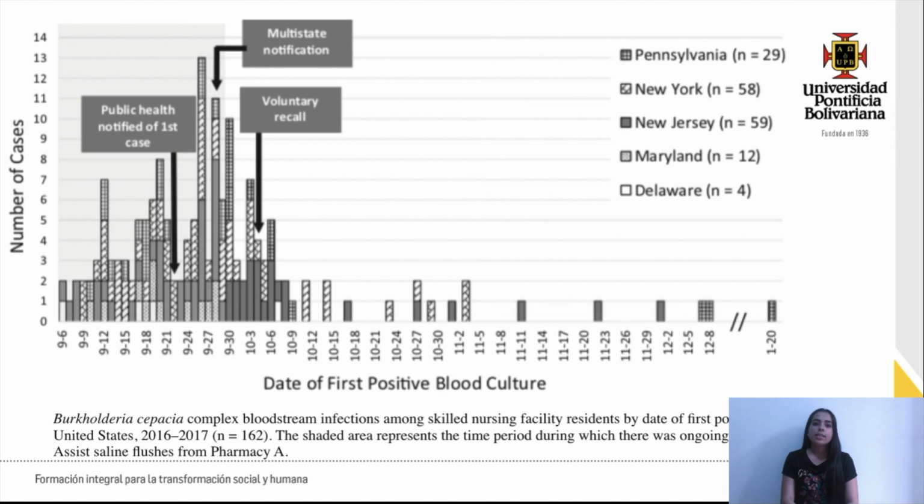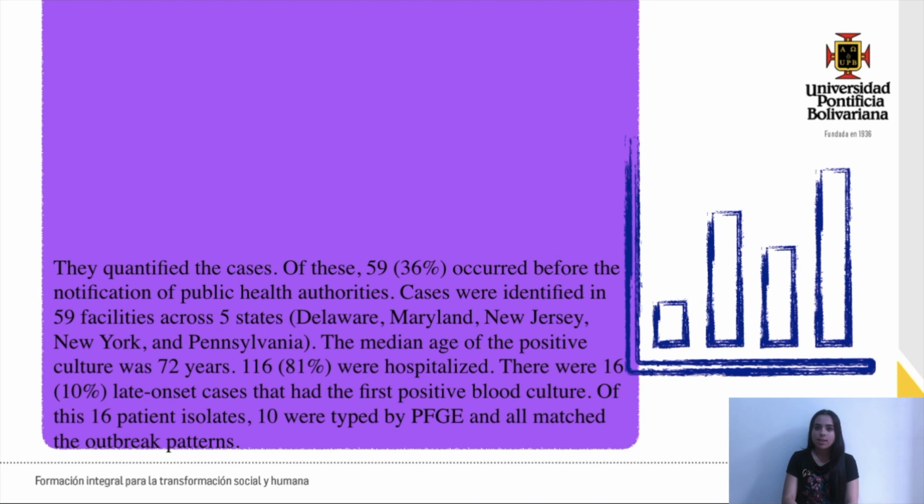They quantified the cases in a bar diagram and of the total of cases, 59, which corresponds to 36%, occurred before the notification of the public health authorities.